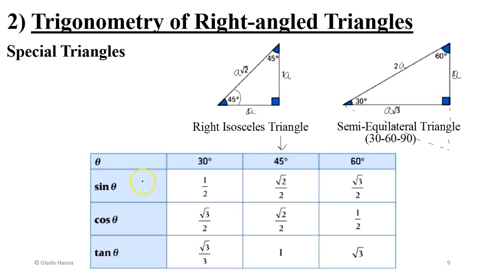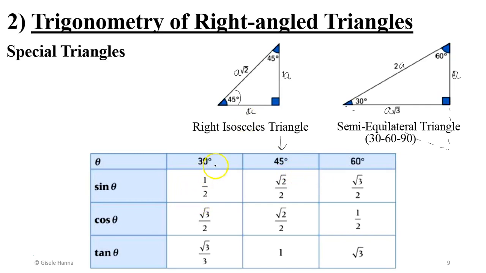So sine would be opposite over hypotenuse, which would lead to 1 over square root 2, and when rationalized it would be square root 2 over 2. Similarly, cosine of 45 is adjacent over hypotenuse, which would give me 1 over square root of 2, which would be rationalized into square root 2 over 2. However, tan of 45 is opposite over adjacent, which is a over a, which is 1.